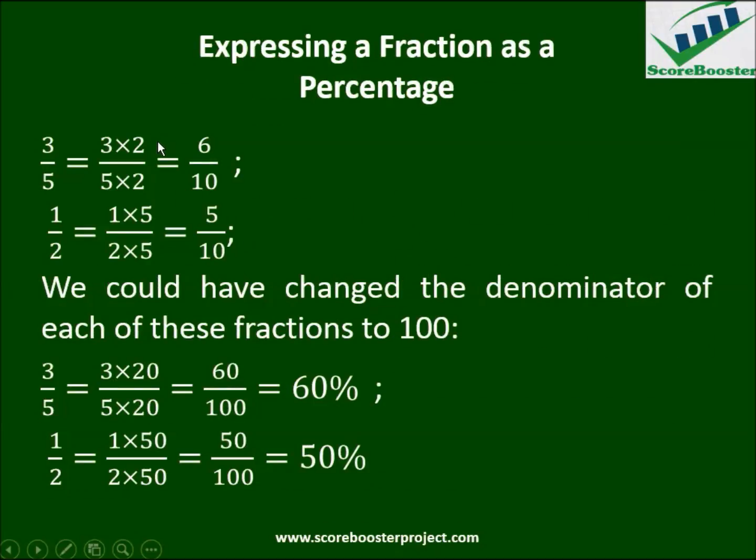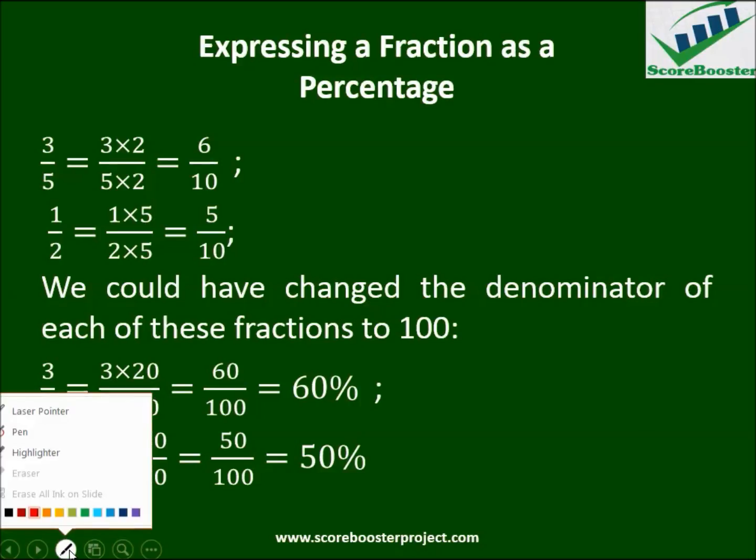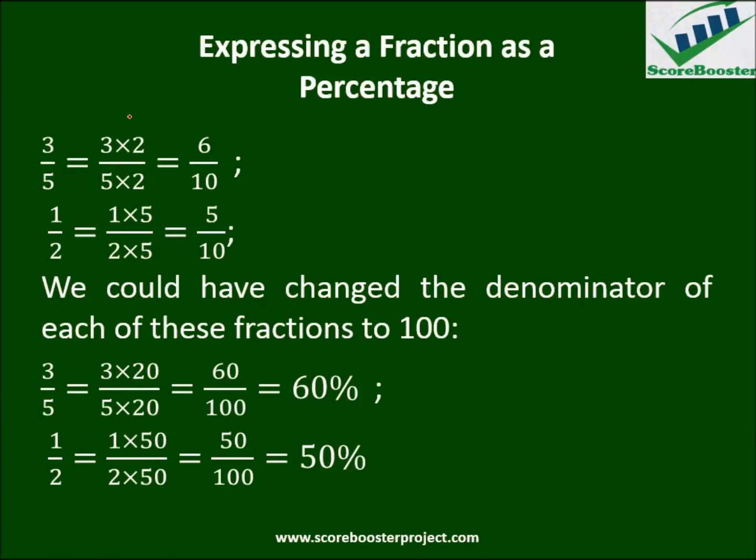So now, to achieve that, what we'll do is we'll multiply 3 times 2, which is 6, and 5 times 2, which is 10, because here to convert this denominator 5 to 10, you simply multiply by 2, and once you multiply by 2 here, you also have to multiply by 2 so that the number remains the same.